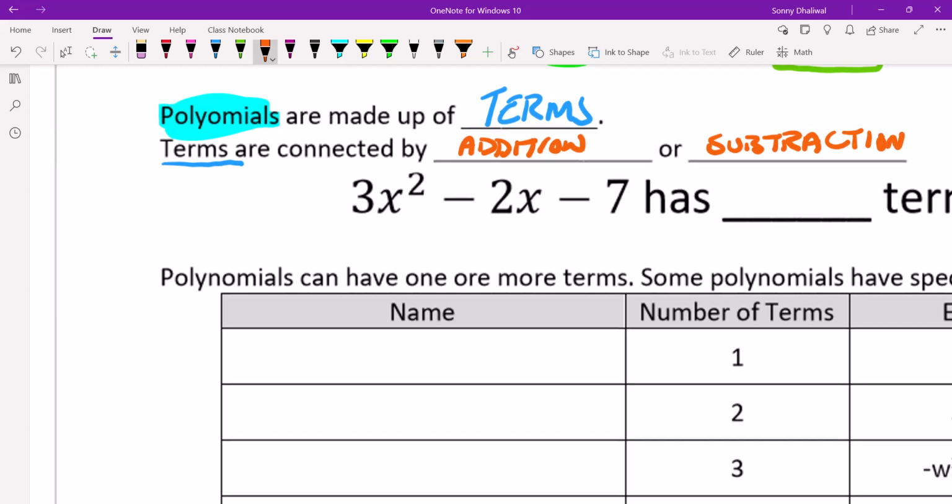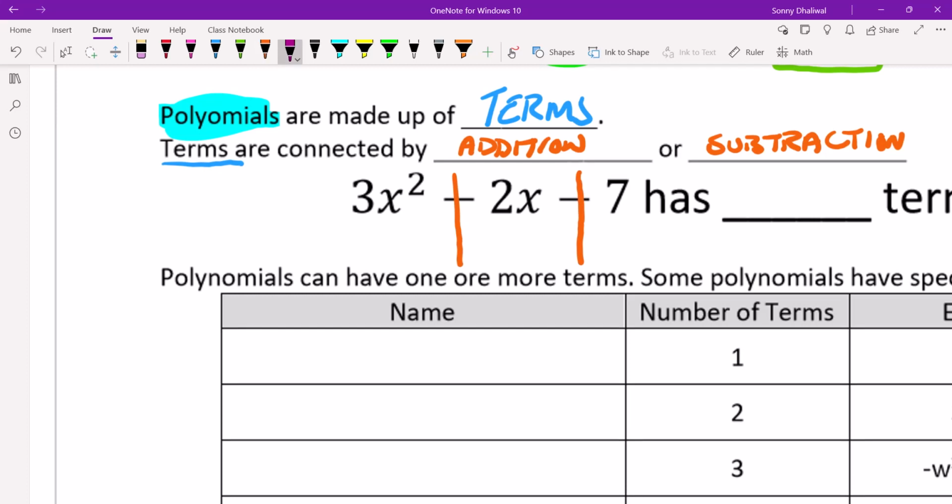Okay. So if I gave you this thing here, which I'm calling an expression, say how many terms are there? Well, we look for adding and subtracting signs. I'm going to just draw, here's a subtracting sign, so I'm going to draw a big line through there. And here's another subtracting line, I'm going to draw a big line through there. Right? Everything in between are the terms.